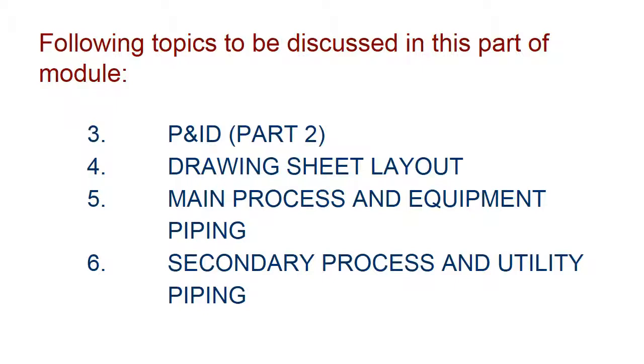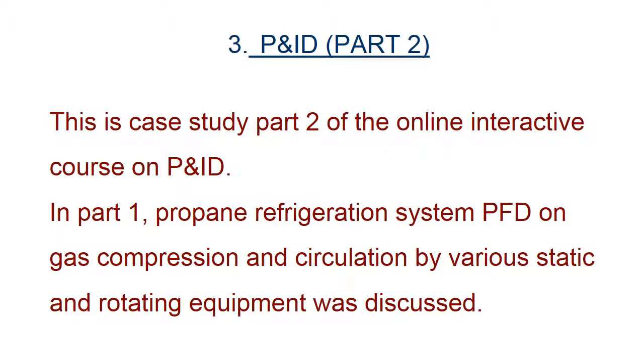Drawing Sheet Layout. 5. Main Process and Equipment Piping. 6. Secondary Process and Utility Piping. This is Case Study Part 2 of the online interactive course on P&ID.